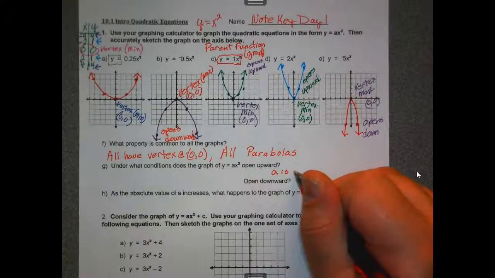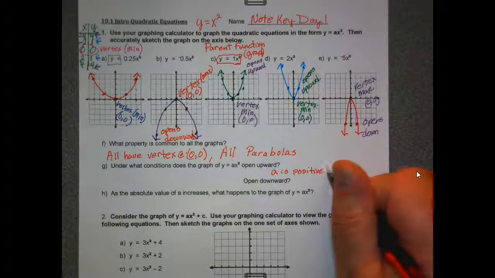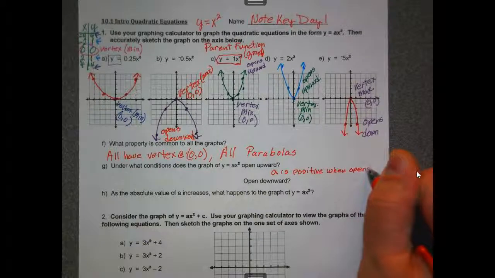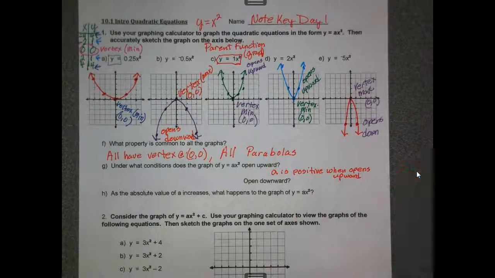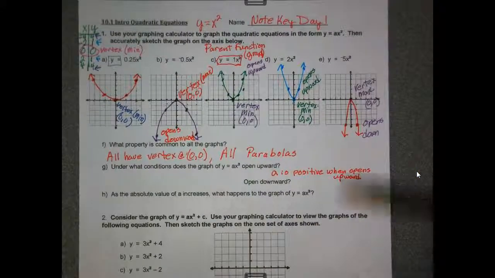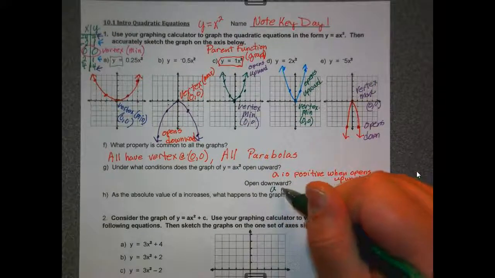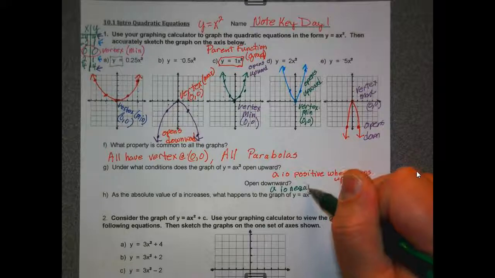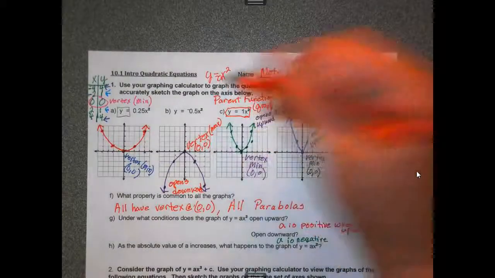A is positive when it opens upward. What about the ones that open down? A is negative. I should put an A in my parent function up here; this should be ax squared.